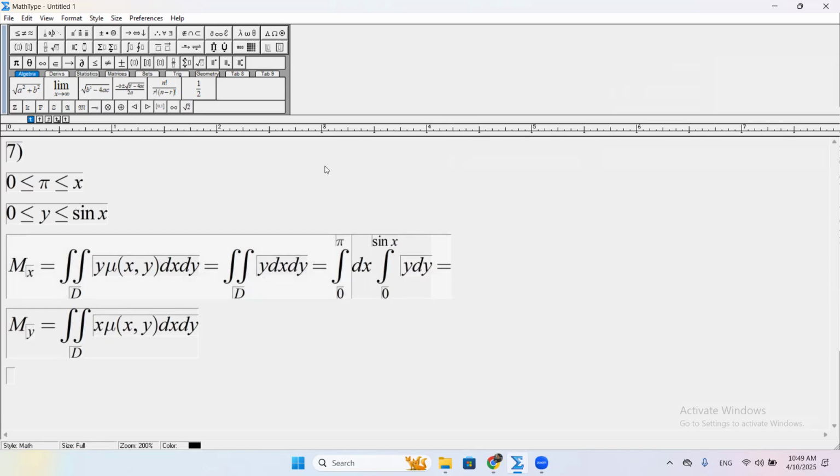So now we will integrate a sine of x from 0 to pi, and it will be minus cosine of x. So cosine of pi is -1 and cosine of 0 is 1. It will be equal to, so minus, and there -1, -1.